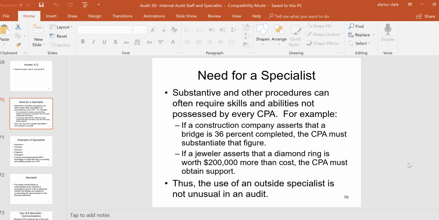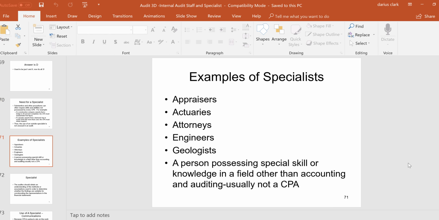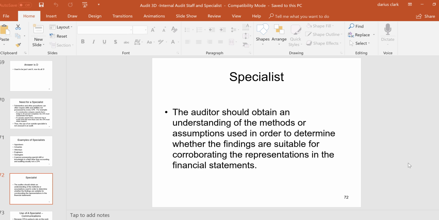So the CPA must obtain support, and then using an outside specialist is very common. So other areas where you would use a specialist: appraisers, actuaries, attorneys, engineers, geologists on slide 71. Any person possessing special skill or knowledge in a field other than accounting and auditing. They're usually not a CPA, but the CPA needs this person to complete the audit.